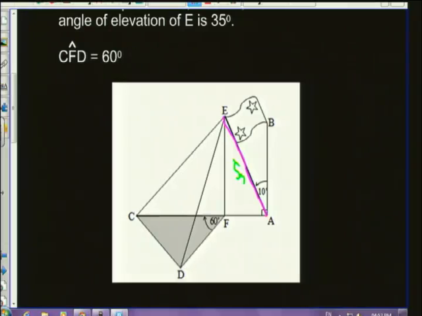In other words, we know that this angle here will be 10 degrees, because it forms a Z shape. Remember in grade 8, alternate angles? And here we know that this is vertical, so you can work out this angle here. If that is 10, this is 80 degrees.